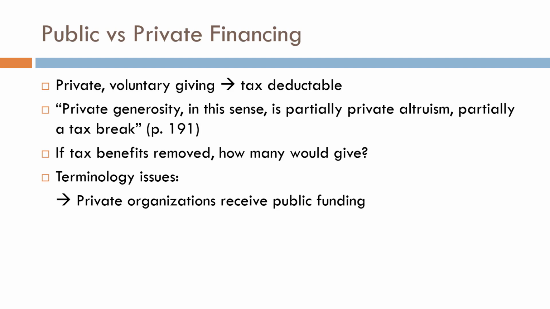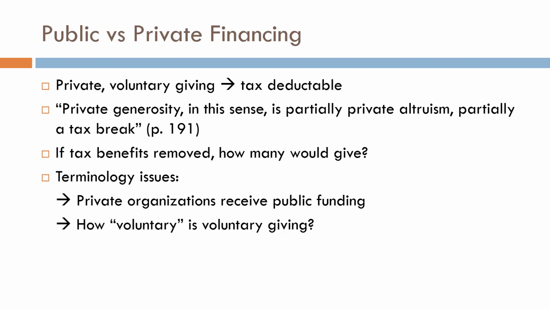But if they're receiving public monies, then there's going to be some limits on their autonomy and some level of control. The second issue has to do with the term voluntary in private voluntary giving, in the sense of how voluntary is voluntary giving.